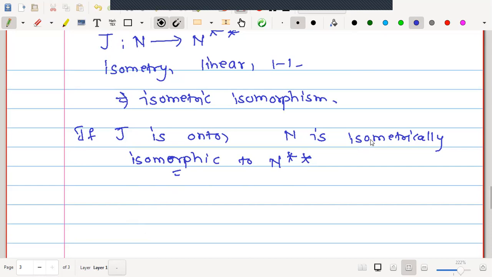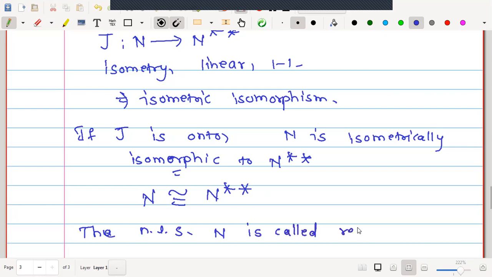Now, isometrically isomorphic means it is also a distance preserving map, and one can write that n is isomorphic to n double star. Whenever this mapping is isometrically isomorphic, the normed linear space n is called reflexive.